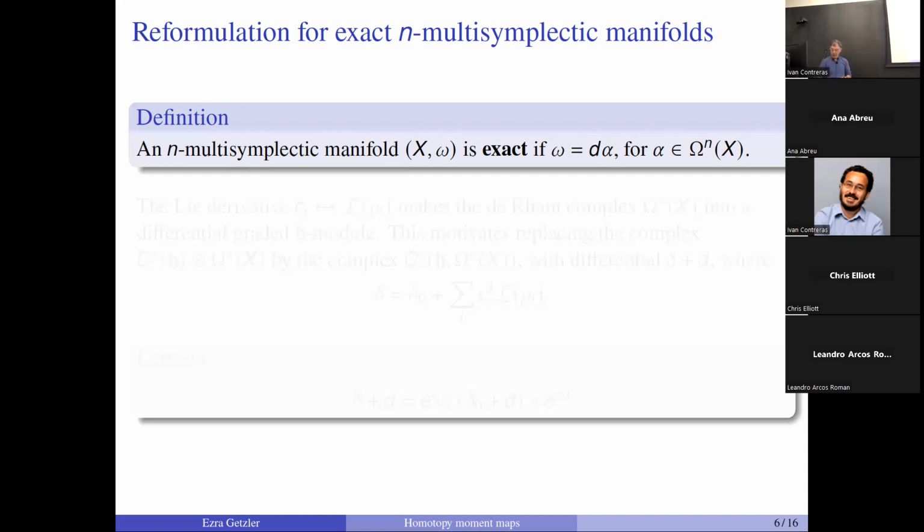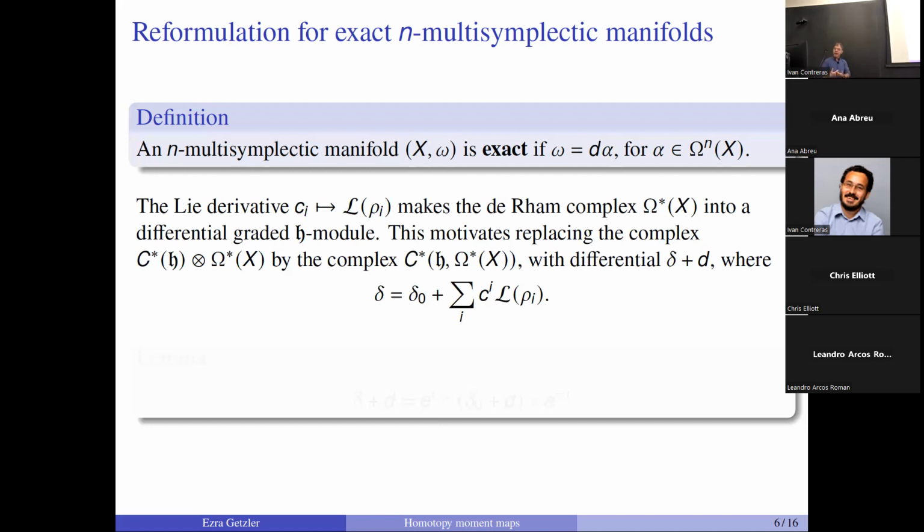Okay. So I'm going to replace just the tensor product of these two complexes, the Chevalley-Eilenberg and de Rham, by a twisted tensor product, which if you've studied Lie algebra cohomology is very familiar, that the differential forms form a module for the Lie algebra with Lie derivative as the action.